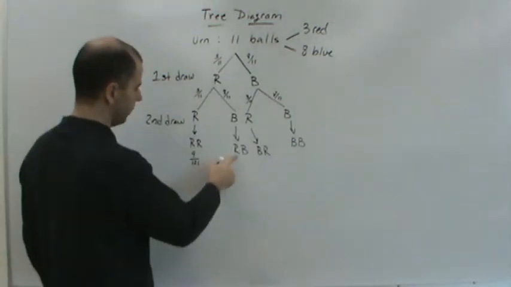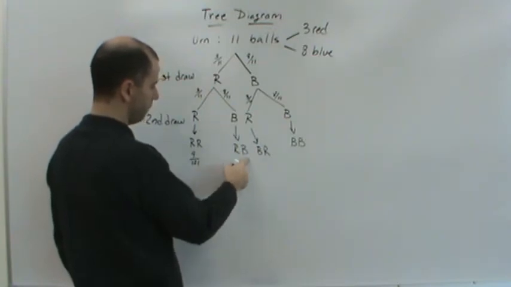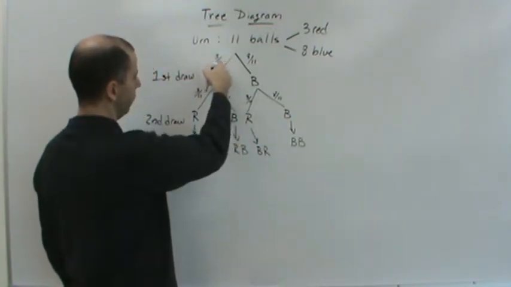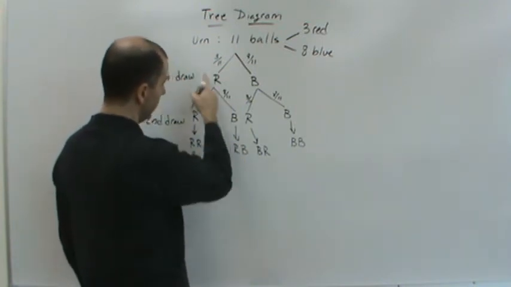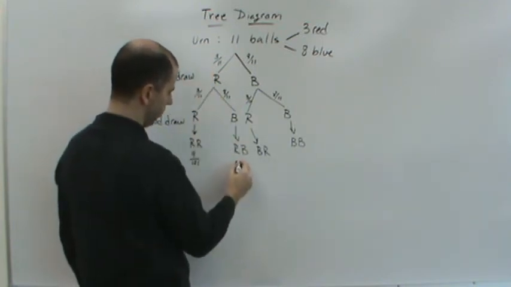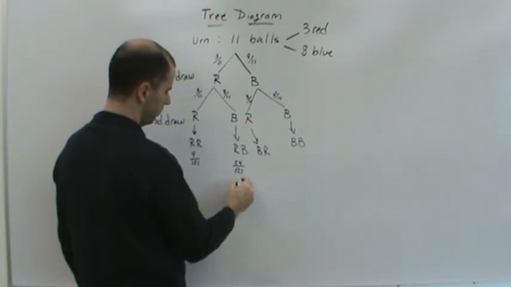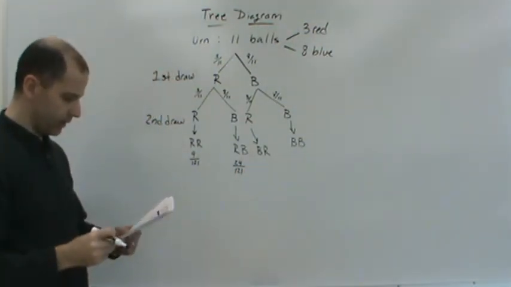So if I wanted the probability of R and then B, red and then blue, I go down this branch. So it's 3/11ths times 8, right? So 3 times 8 is 24 over 121. And then so on and so forth.